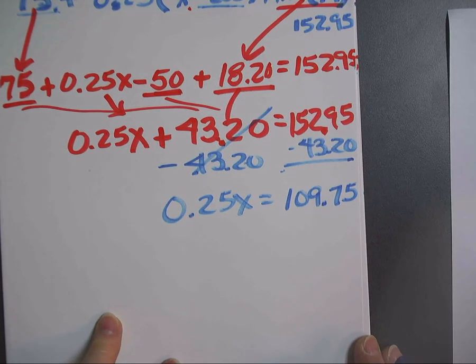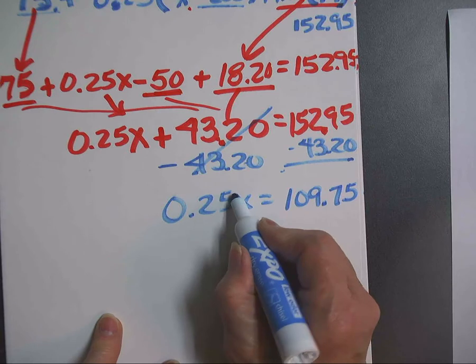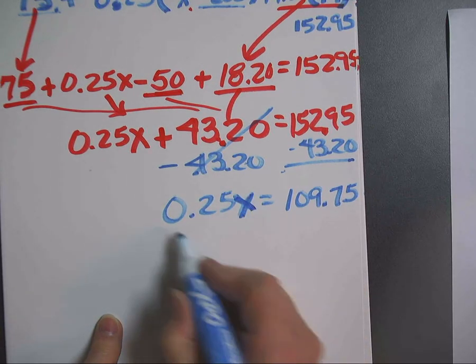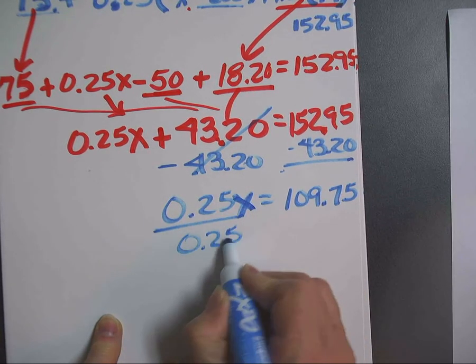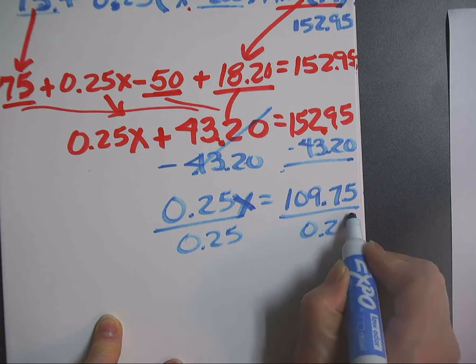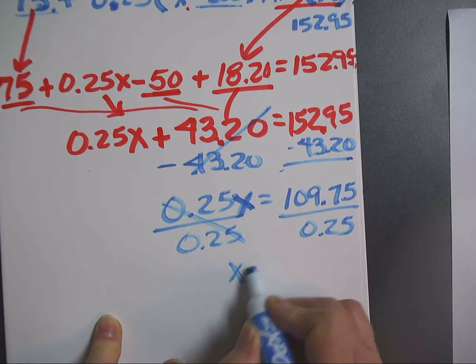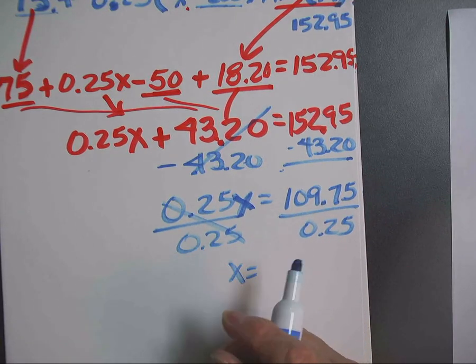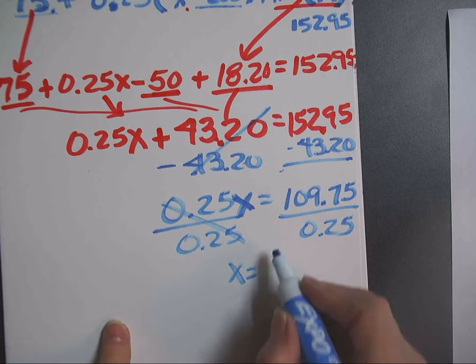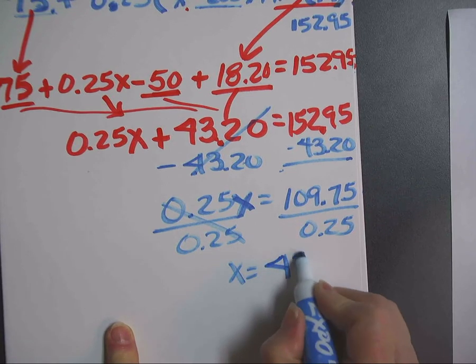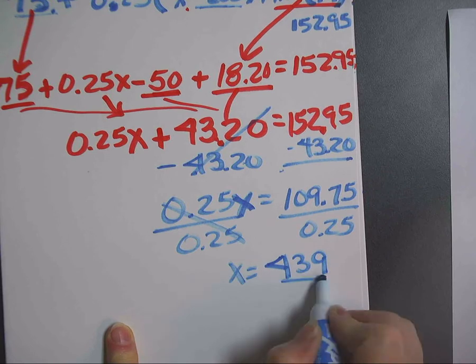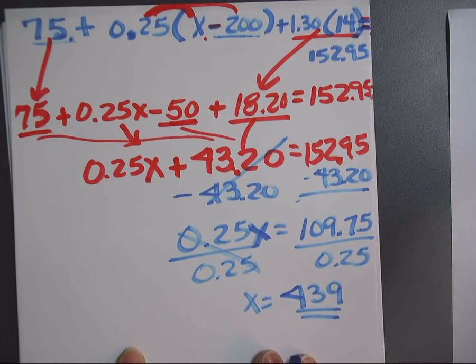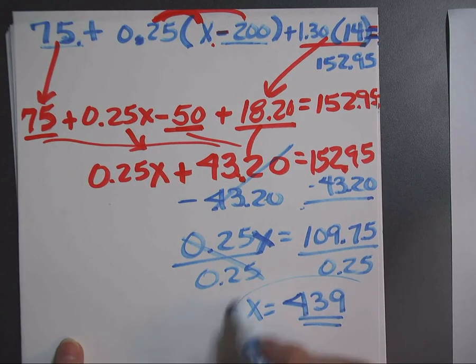Yeah. Okay. Now what do we do, Vernon? Now we can divide by it, right? Divided by 0.25. And this gives us our total square footage right here.